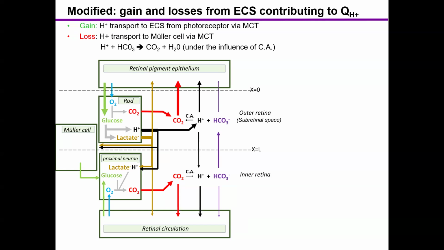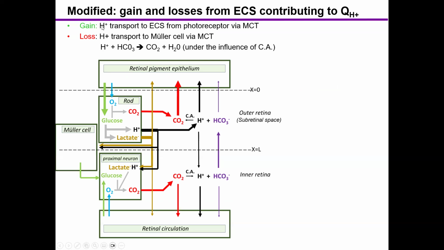What I've done here is emphasize that extracellular space, the subretinal space, where we're accounting for the production of hydrogen ion. And I felt I needed to add a Mueller cell because part of the Mueller cell is in the outer retina, and I needed to allow for hydrogen ion and lactate to be taken up by the Mueller cells in the outer retina.